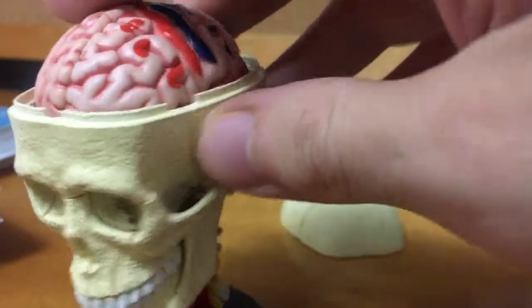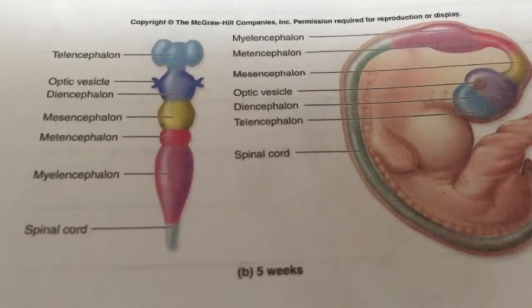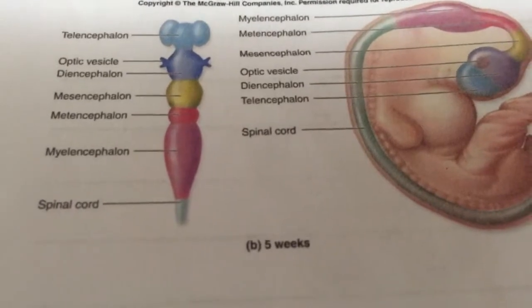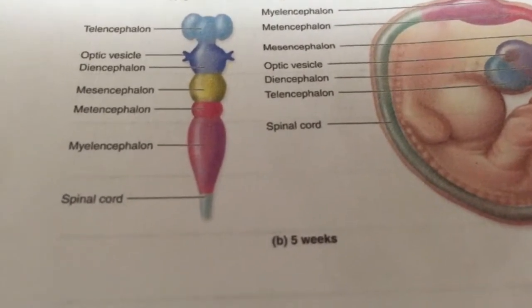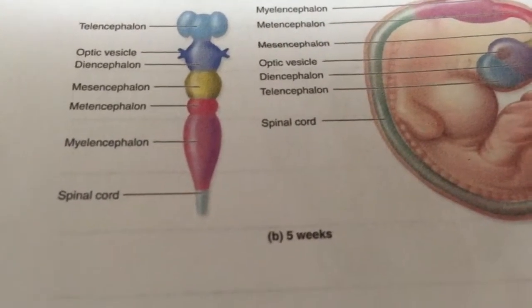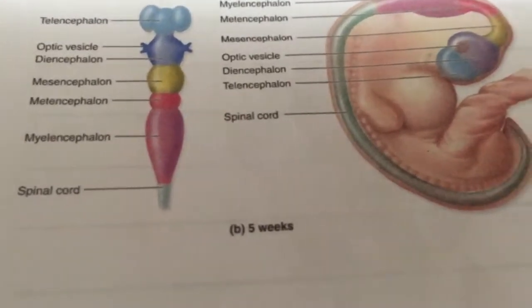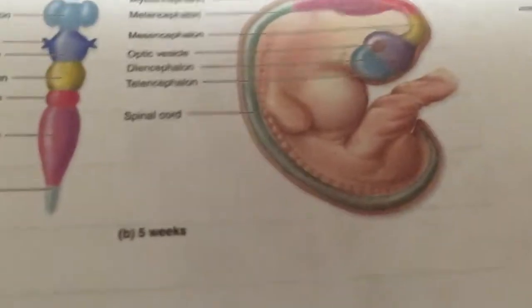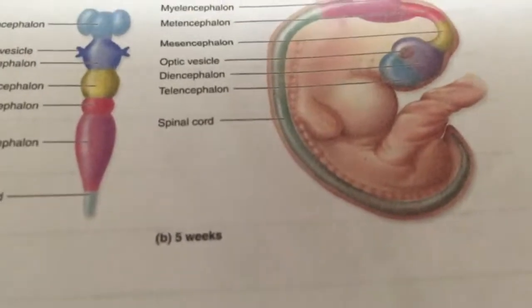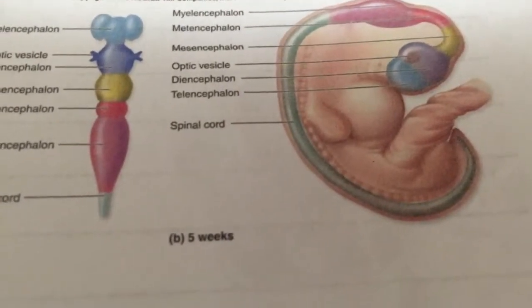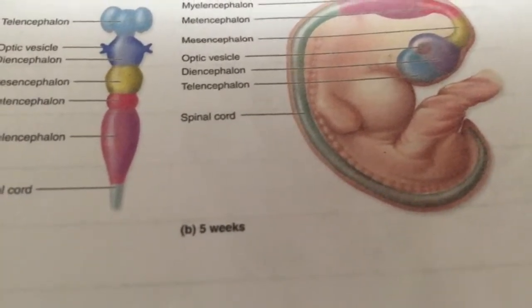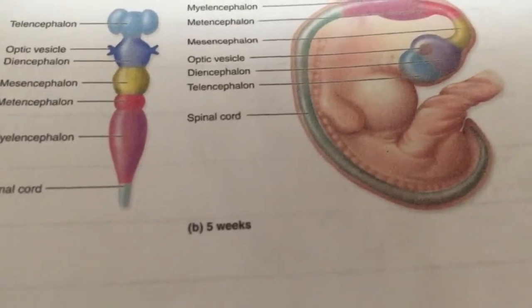Now, why am I talking about this? The cephalons give rise to different sections of the brain. So that's the telencephalon, the diencephalon, the mesencephalon, metencephalon, and the myelencephalon. The telencephalon is going to give rise to the different cerebral hemispheres, the 2 halves of the brain.